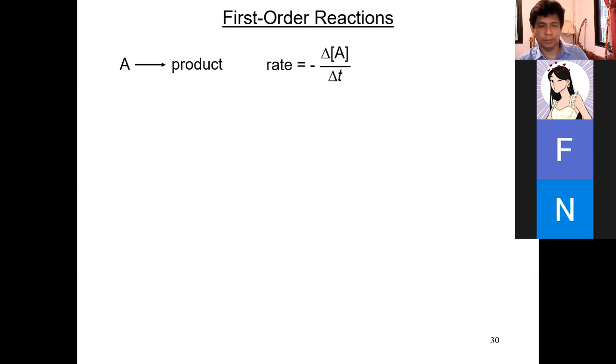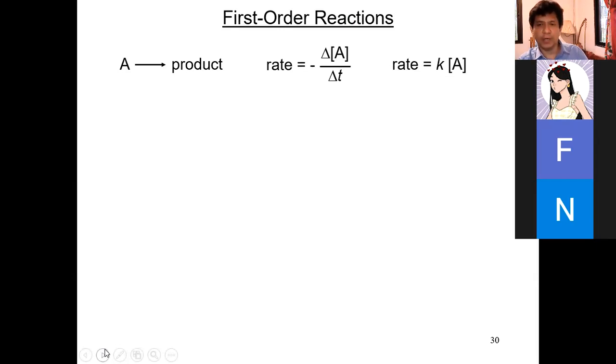Okay, so if we have an A and from A you produce the product, the rate of, let's say, decomposition of A is negative dA/dt. So may negative kasi reactant yung A. Okay, so we can write the rate equation or the rate law.